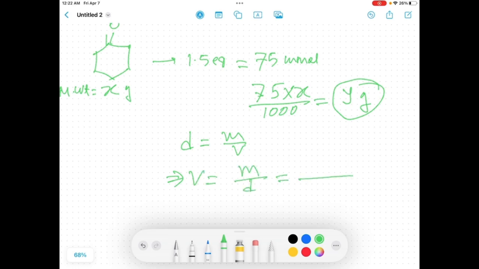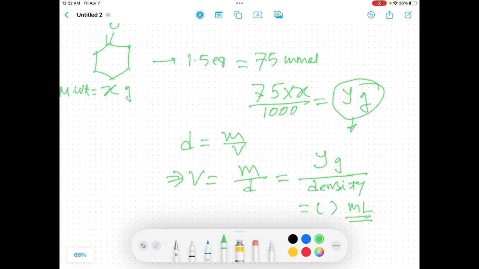Here m is that required amount, y gram, over the density of the cyclohexanone. Remember that the amount should be in gram. So whatever amount you get, that is the amount you will need in milliliter.